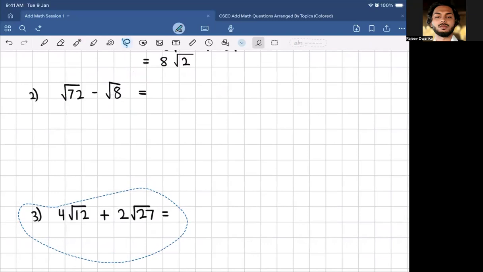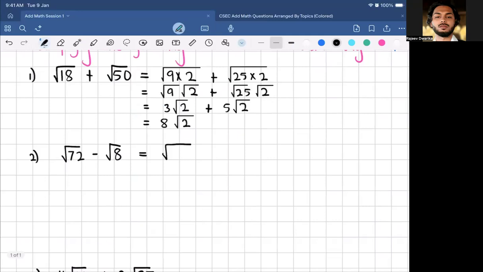Shina, let's just run through question 2 real quick. What two numbers can I multiply to get 72? I got 36 and 2, right? You're going to end up with square root of 36 by the square root of 2.